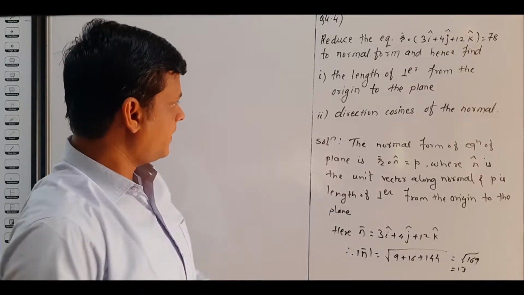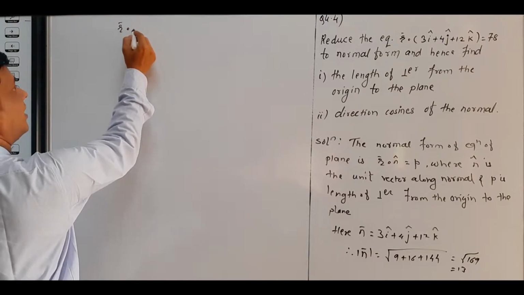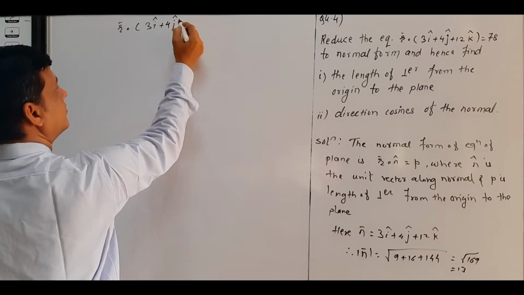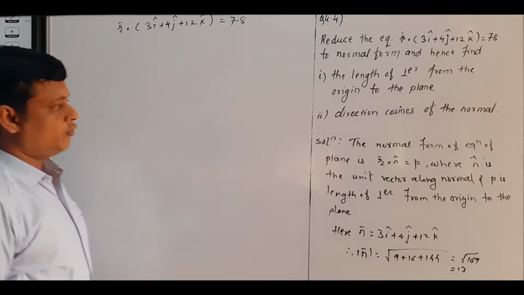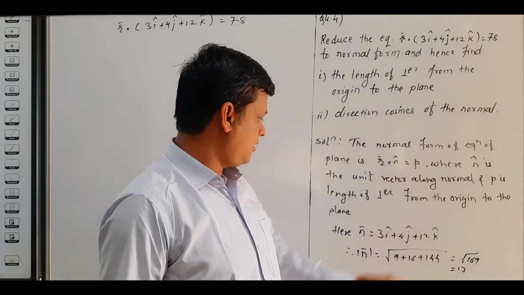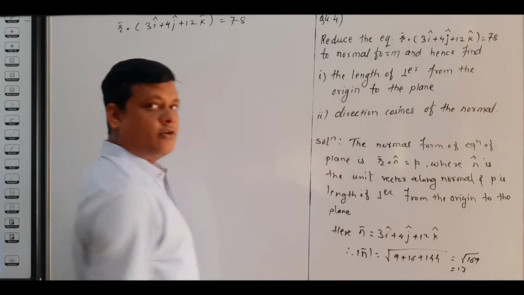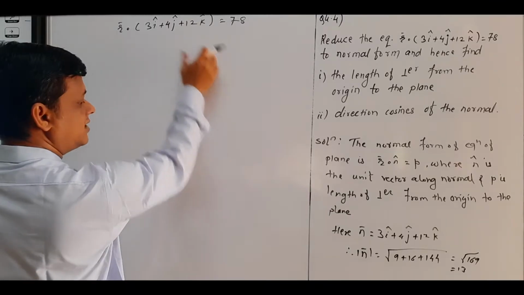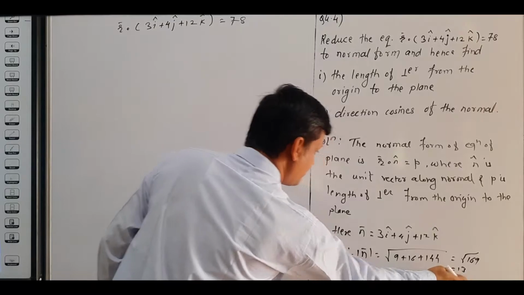Now given equation we represent as equation number 1, r bar dot 3i plus 4j plus 12k is equal to 78. Now we require the equation in this form, r bar dot n cap equals to p. So when we divide any vector by its magnitude, then we get unit vector along that vector. So we divide both sides by the magnitude of n bar, that is by 13.